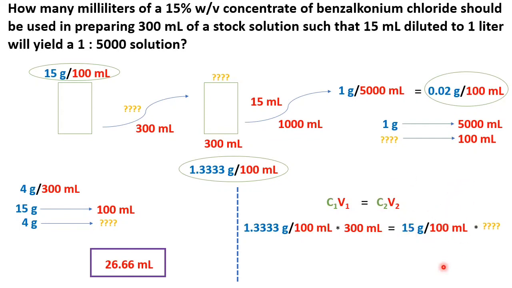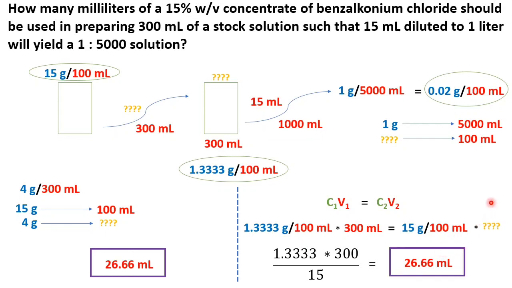We can cancel this 100 milliliters with this 100 milliliters, and we end up with 1.3 times 300 over 15, and that would give us the same answer, which is 26.66 milliliters, which is our answer.